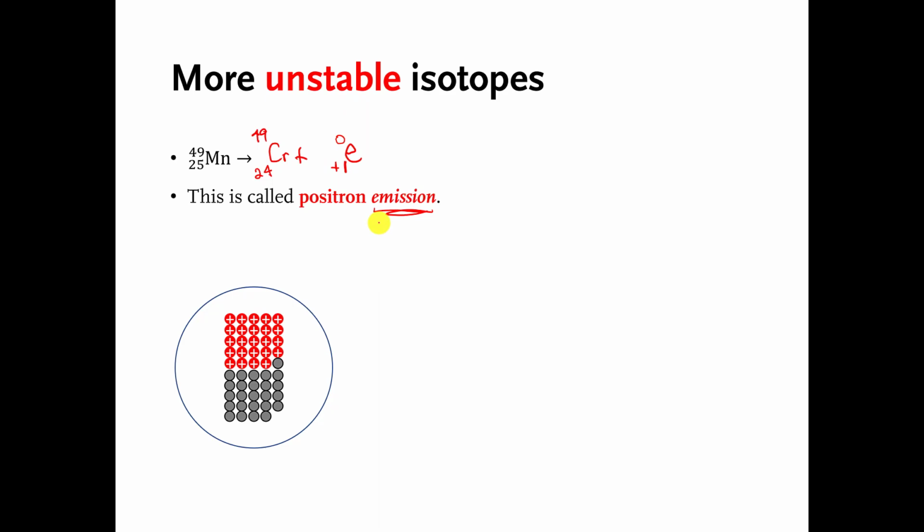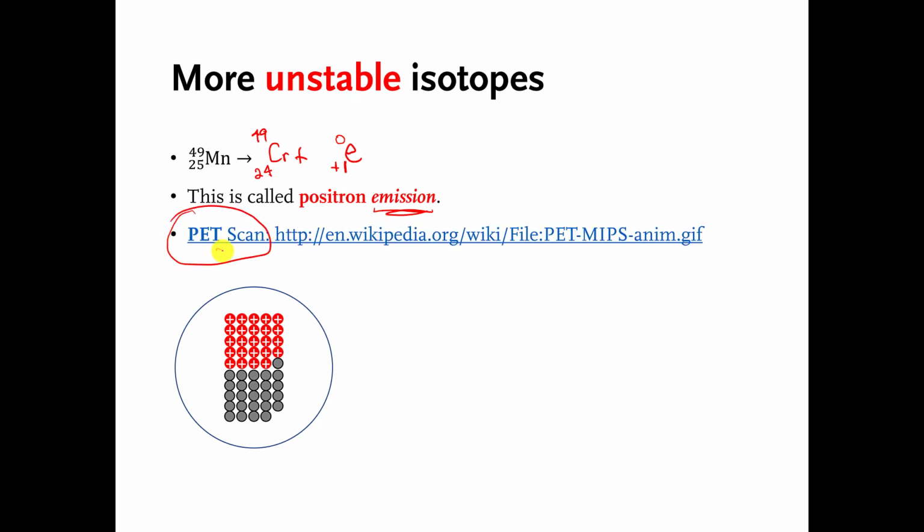But that's usually what it's called. You may have heard of PET scans. PET scans are something that get done in healthcare where people look for cancers and types of things. PET scans are a type of imaging that can be done on people to look for things like tumors. The P and the E in PET scan stands for positron emission.